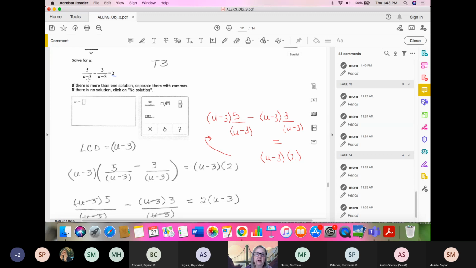So copy down the first denominator, and I would encourage you to put parentheses around your denominators like this. It helps me to remember to multiply denominators too. If I had different denominators, it would help me, which I don't, but it helps me. So our first denominator is u minus 3. You just want to copy that down and start our LCD that way.